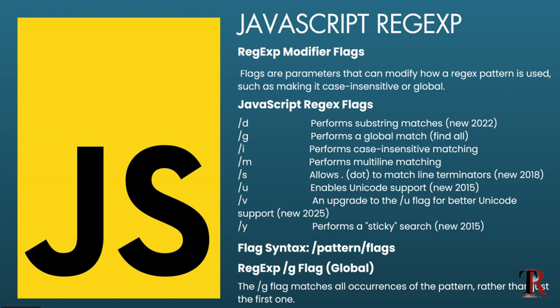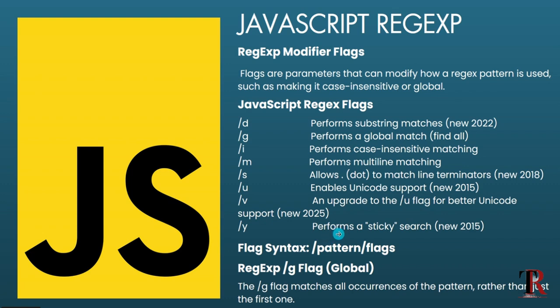Now, moving away from this, we have the flag syntax. When you want to use a flag, it has a syntax that it must follow, which you can see here on my screen. You can see the /, the pattern you want to search for, another /, and then you pass in the flag. The first forward slash represents an opening delimiter for the regular expression.